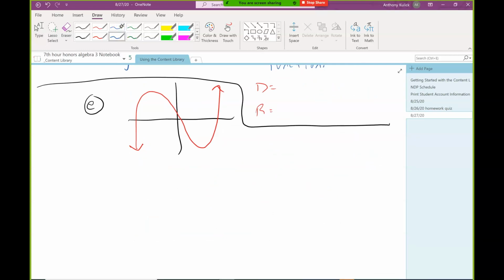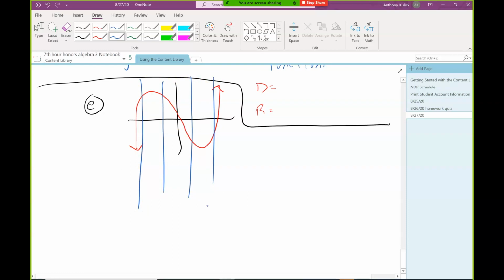Is this a function? Can I draw a vertical line that intersects it more than once? Doesn't look like it, right? No matter where I draw that vertical line, it's only going to get the graph at 1 point.